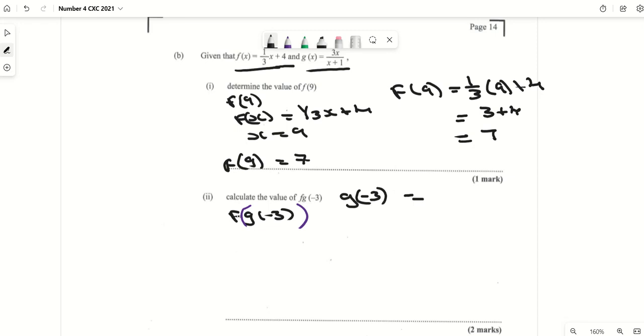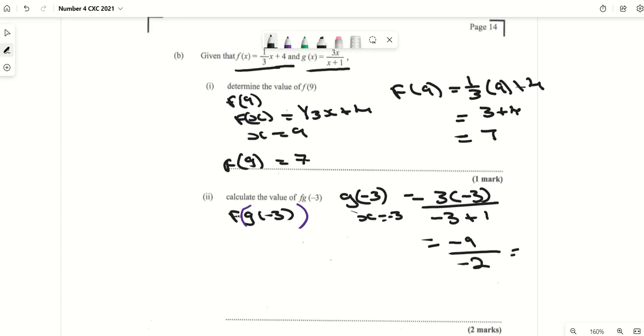That is, x is equal to minus 3 in my g of x, right? So that's 3 by minus 3 all over minus 3 plus 1. Remember, g of x is this here, 3x over x plus 1. So wherever we see x, we're going to put minus 3. So 3 by minus 3 is minus 9, and minus 3 plus 1 would be minus 2.